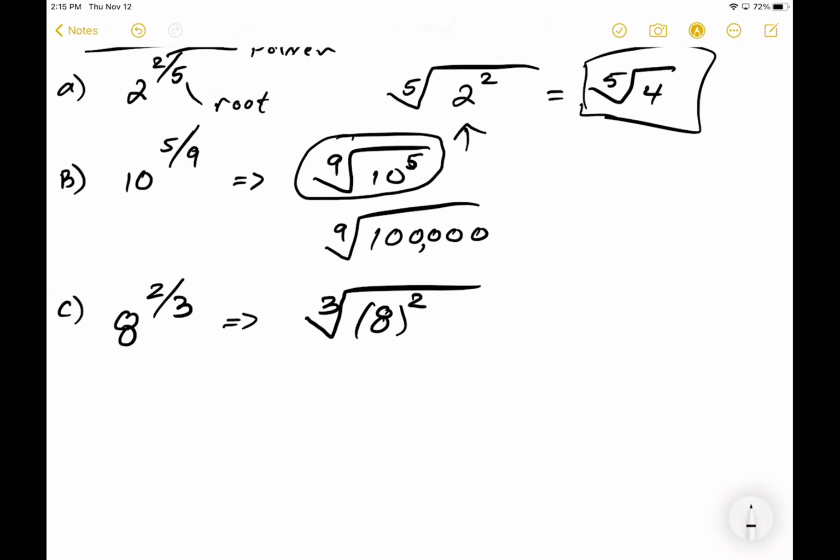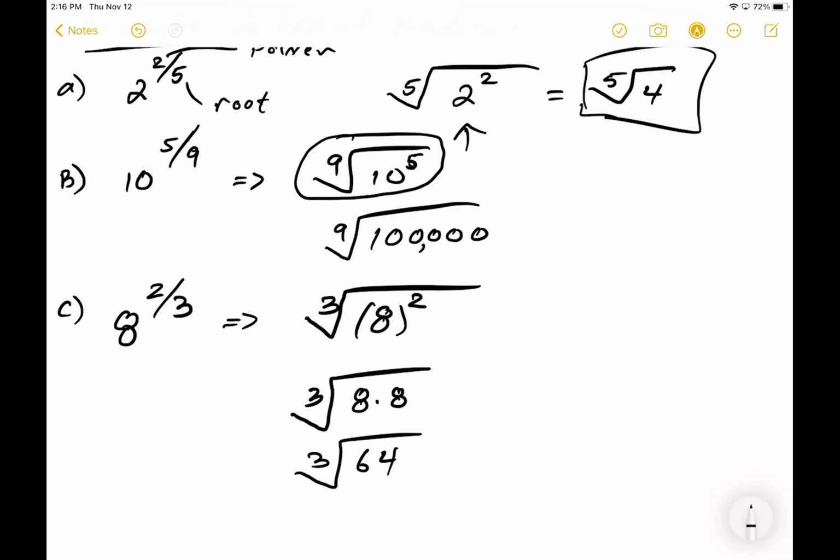If you do this, do you agree that 8 to the second power is 8 times 8, and 8 times 8 is 64, right? Using our elementary multiplication, 8 times 8 is 64.